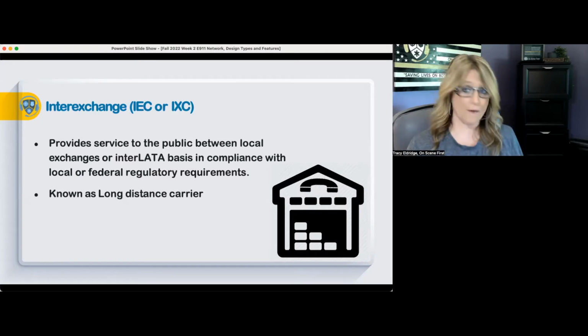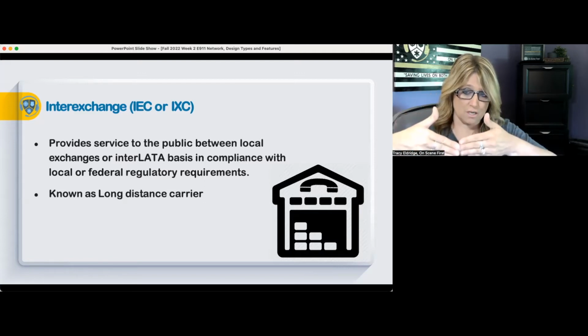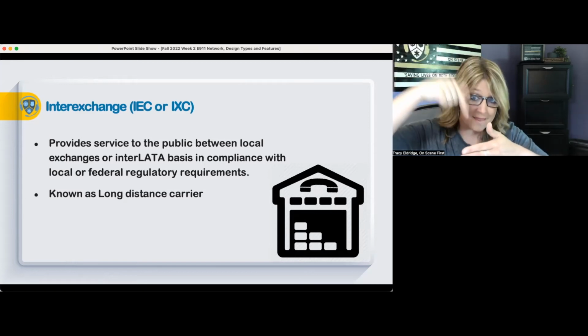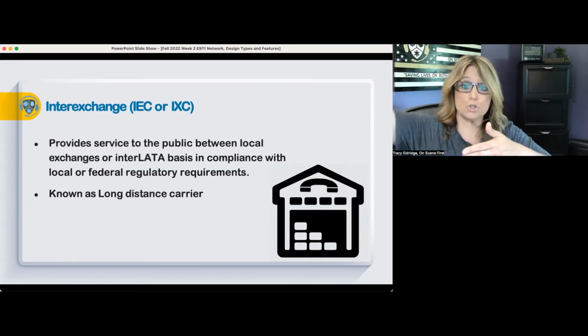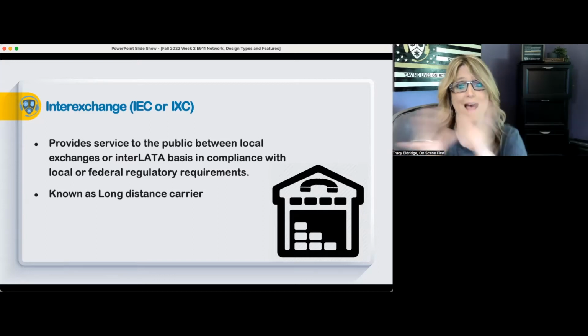So if you take what I just said about inter and intra, this inter-exchange is going to allow me in this LATA to talk to the person in the other LATA, the one that's outside our group.